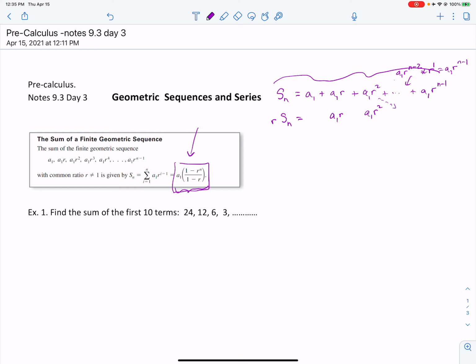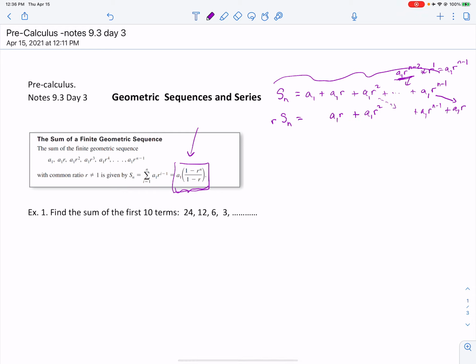So when the term before this is multiplied by r, I end up with a sub 1 r to the n minus 1, but then I still need to take the last term times r, and that simplifies to a sub 1 r to the n.